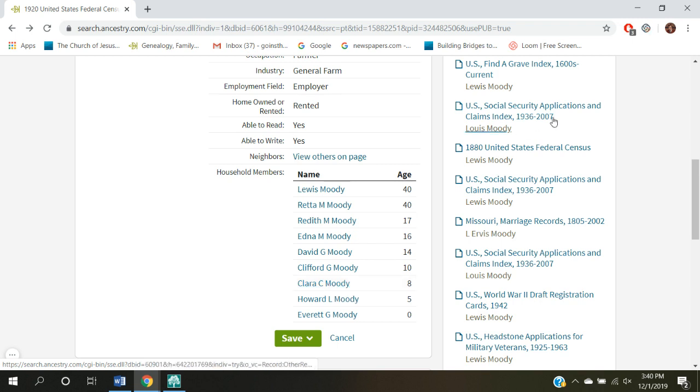Also on the right-hand side over here will be suggestions of other possible civil records or documents or photographs that the algorithm that works in Ancestry.com believes are attached to Clara C. Moody.